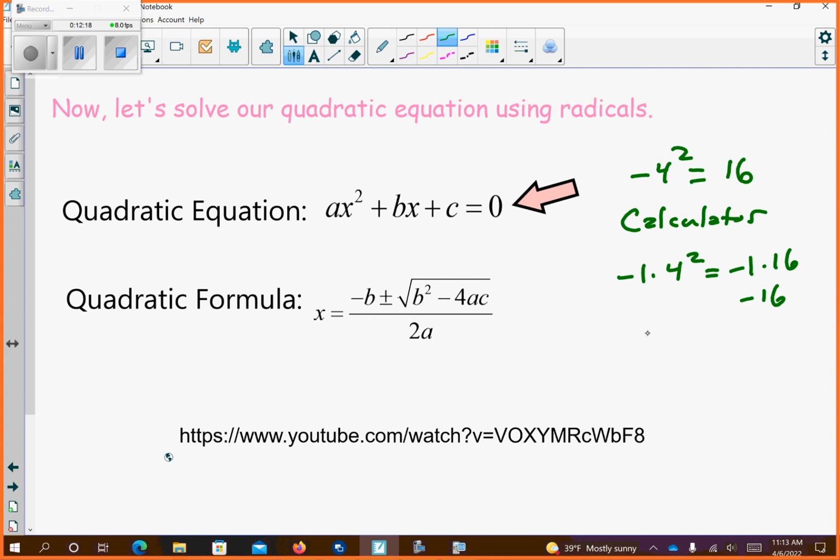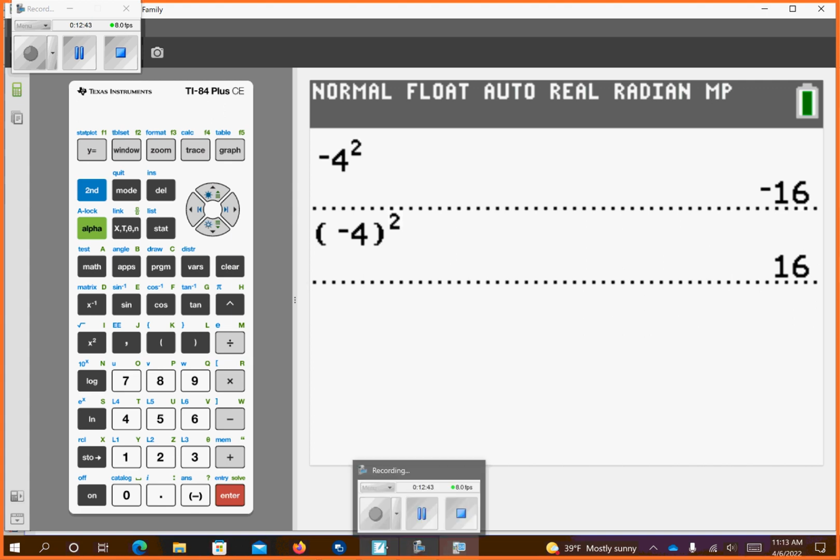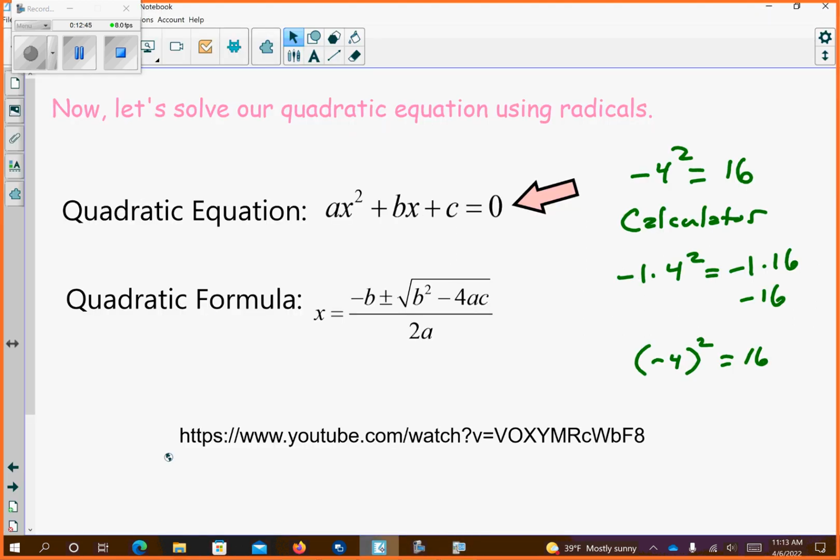So whenever in doubt, if you want to plug something into a calculator, you have to put it in parentheses. If I do that on the calculator, then it comes out what we've always known. I've got to warn you on that because notice what value is squared.